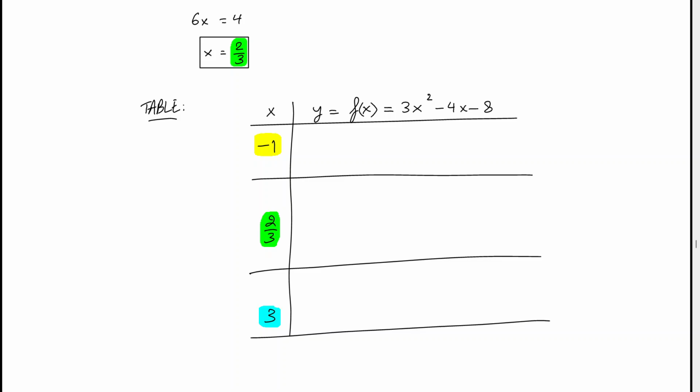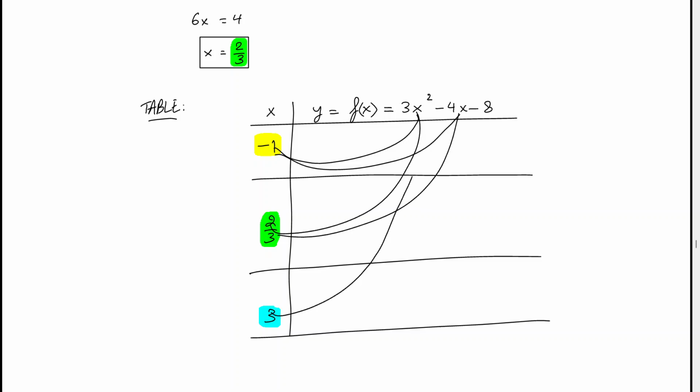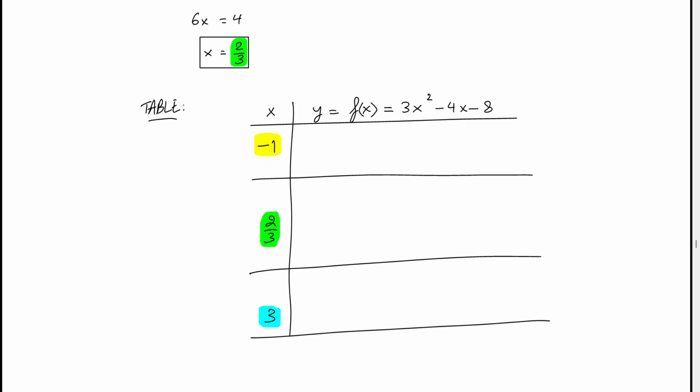That's how we decide who's the maximum or minimum. Once we have the critical points, along with the endpoints from the interval, we'll put them in the table and just plug the -1 into the x's and see what's the y-coordinate. Then we'll plug 2/3 into all the x's and see what's the y-coordinate. Then we'll do the same thing again with 3 and see what the y-coordinates are. The number that has the biggest y-coordinate is going to be the maximum.